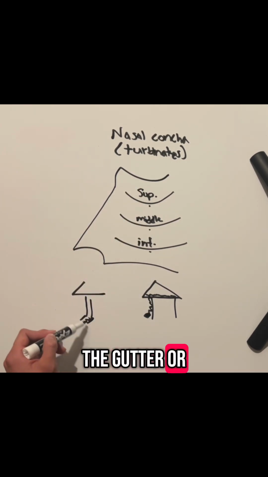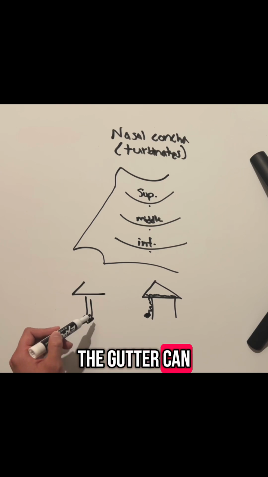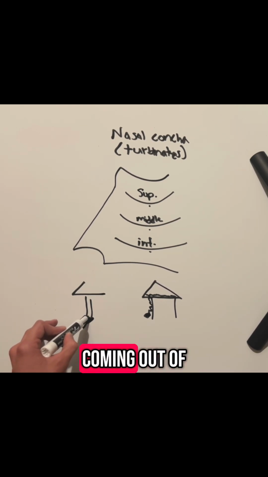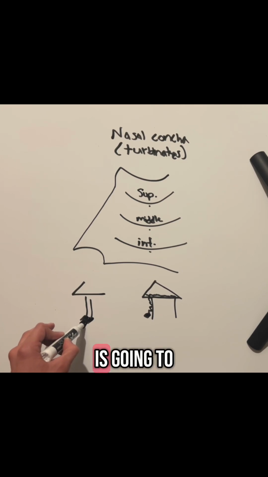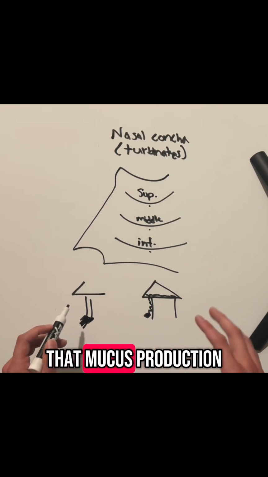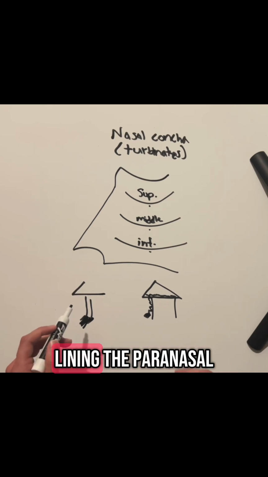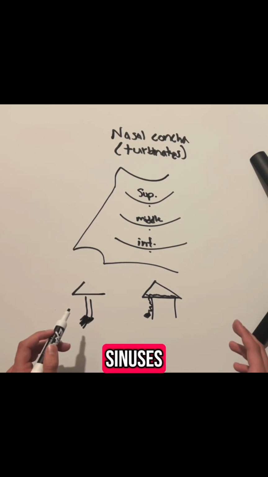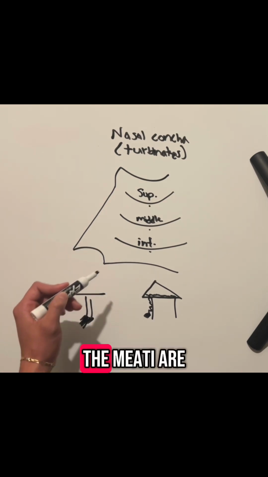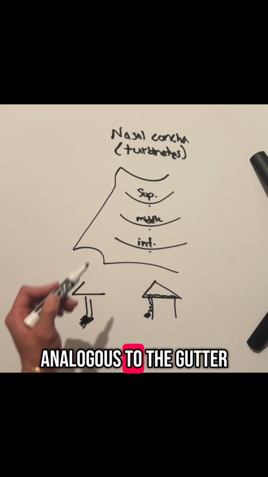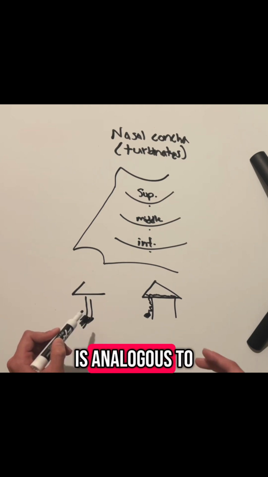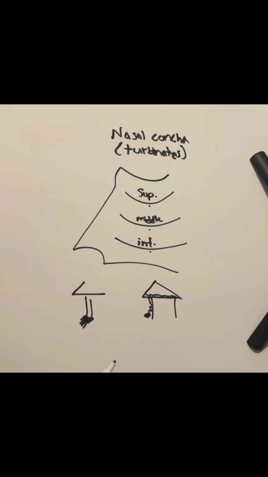The opening of the gutter can be considered the meatus, and the contents coming out of the gutter are going to be considered the sinus drainage. It's typically the mucus production from the mucous membranes lining the paranasal sinuses. So the concha is analogous to the roof, the meati are analogous to the gutter, and the content within that gutter is analogous to the content within the sinuses.